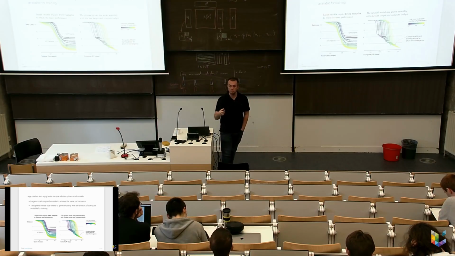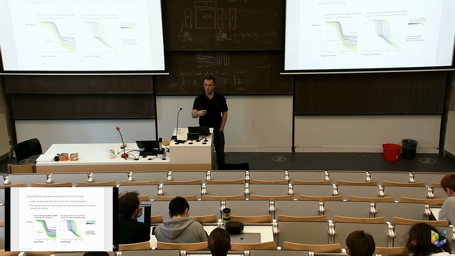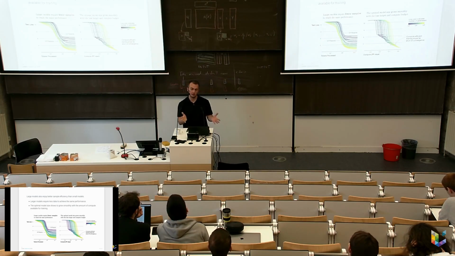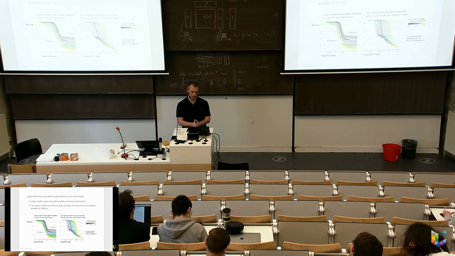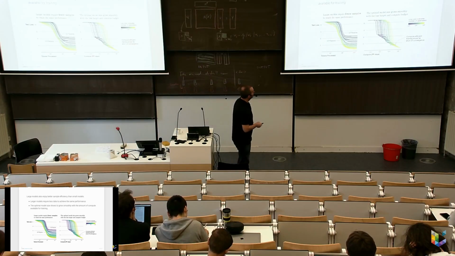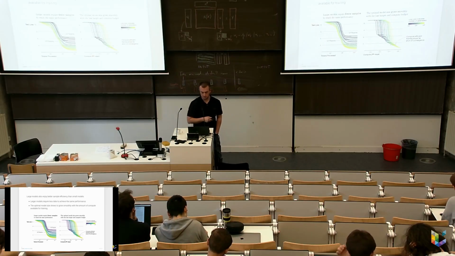So you could think that, okay, I have a small data set, therefore I will use a small model. That would be wrong, actually. And this is what this plot is showing: for a fixed size data set, the bigger model will be better. And you will also reach results which are better with fewer operations needed for training.